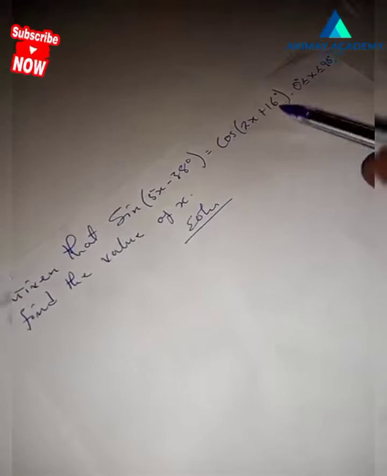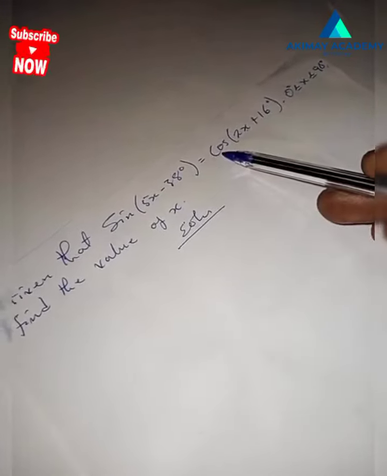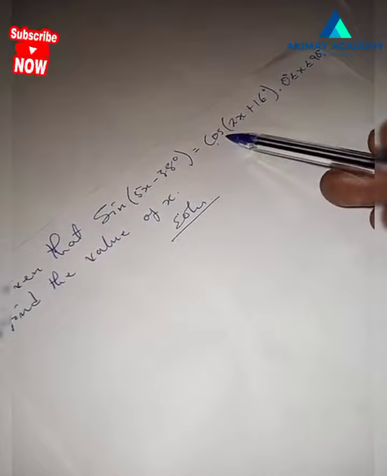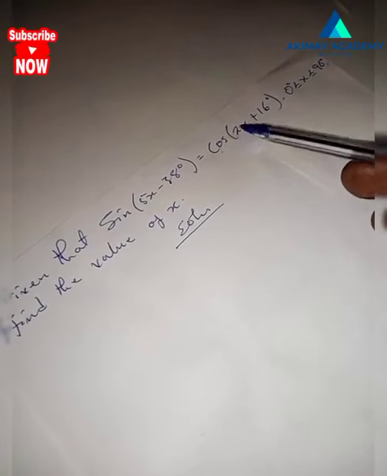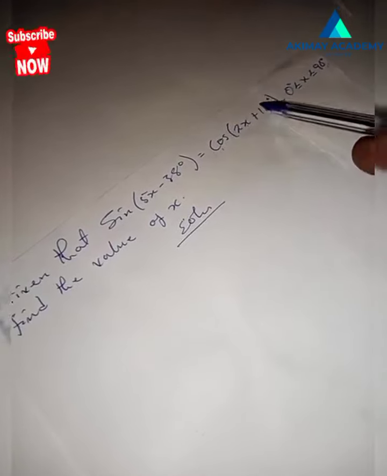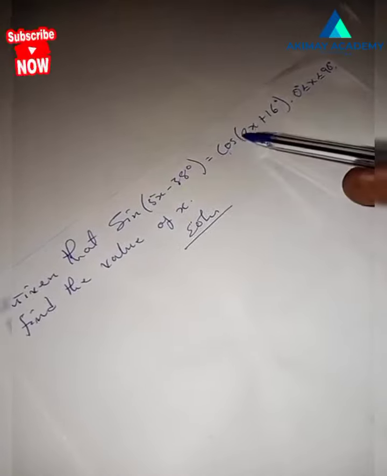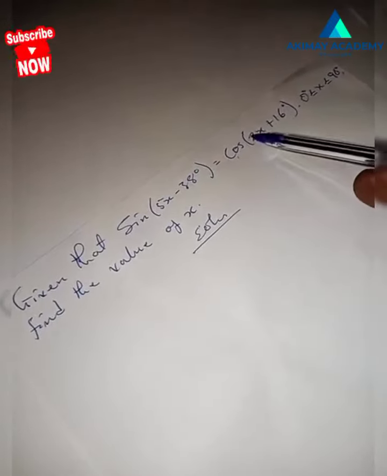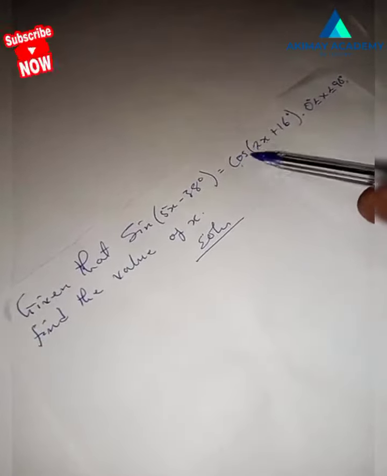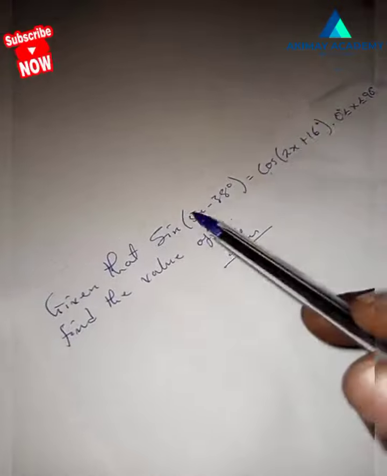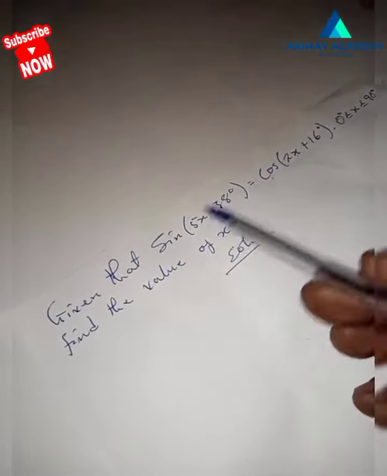To convert this one to sine, because here is cos, the entire angle over here will become sine of 90 degrees minus everything over here, this angle which we don't know because of the variable x. We subtract everything from 90 degrees so that the value we get will be sine, not cos again. In the same way, if you want to change the sine over here, we can do the same, because sine and cos are complementary.